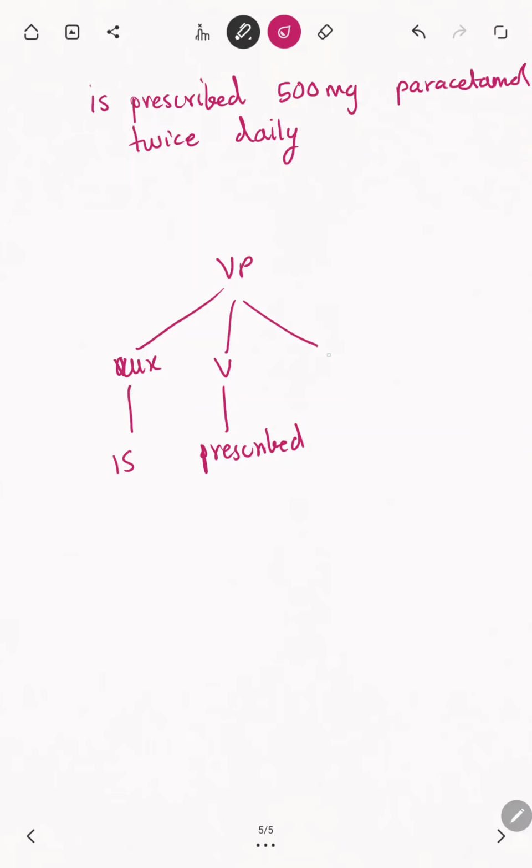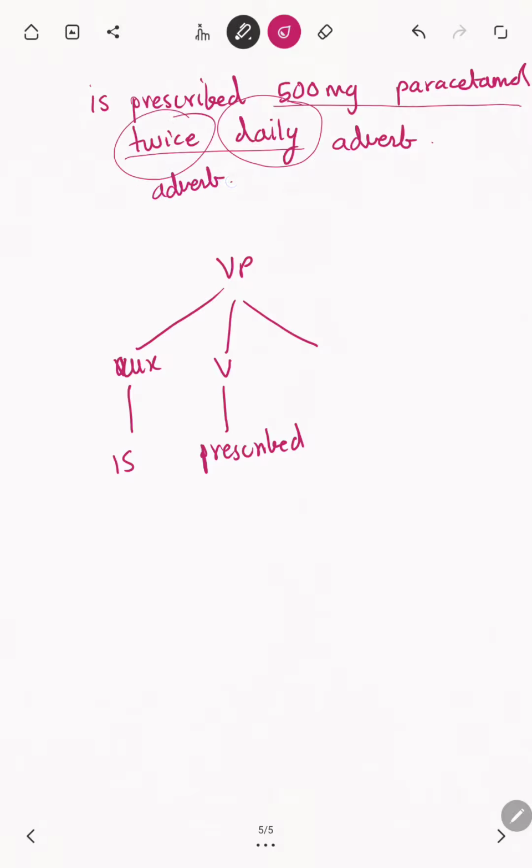Then you have, because 500 milligram paracetamol would have been a noun phrase, but twice daily, this is an adverb. This is also an adverb. In fact you can say that both of them together, you can consider them as an adverb. That is also fine.